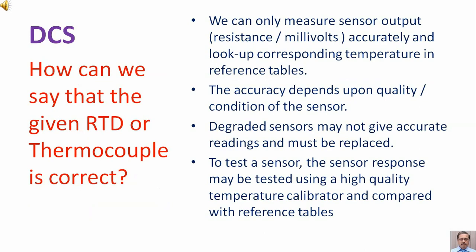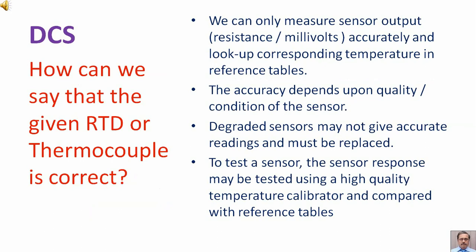Question: How can we say that the given RTD or thermocouple is correct? Answer: We can only measure the sensor output resistance or millivolts accurately and look up the corresponding temperature in reference tables.